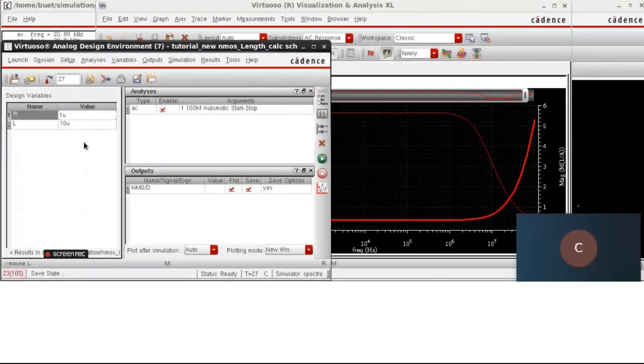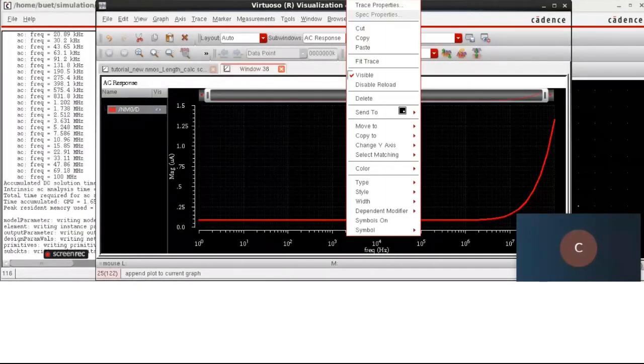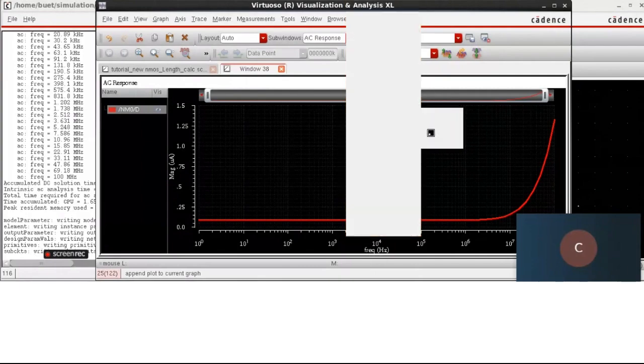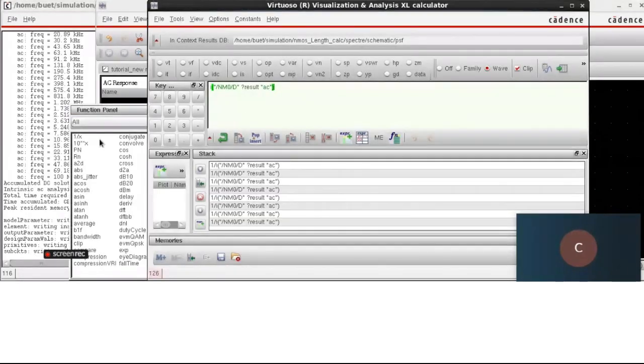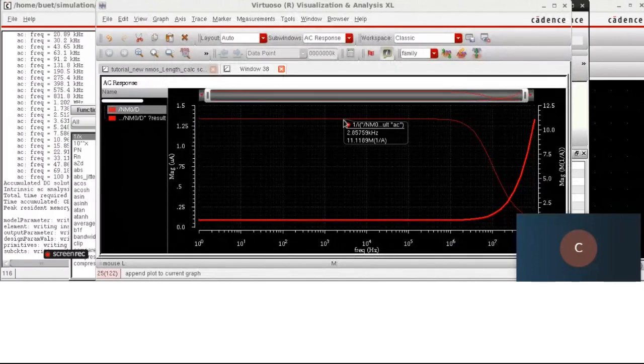If you observe here, in all the cases, we have to observe the ratio or dependency of R to L. L is obviously more as compared to W here. So obviously, we are supposed to get more and more resistance. Let's do that. 11 mega ohms.